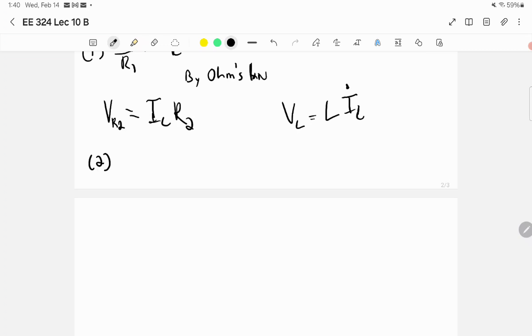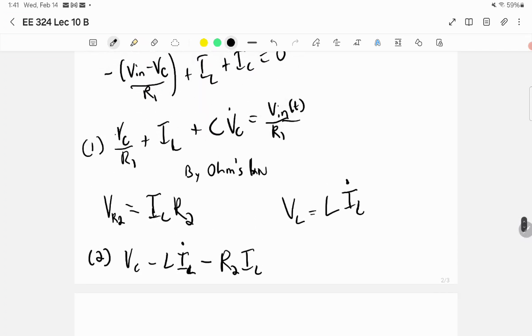I get Vc minus L IL dot minus R2 times IL. That comes from this, right? And that has to be equal to 0.